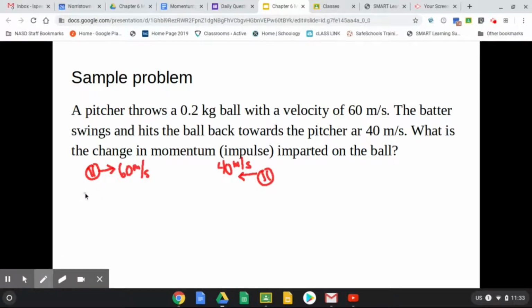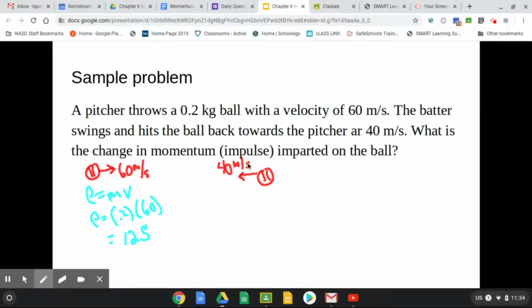So the original momentum of the baseball, mv, right, 0.2 times 60, or 12 spheres of momentum.